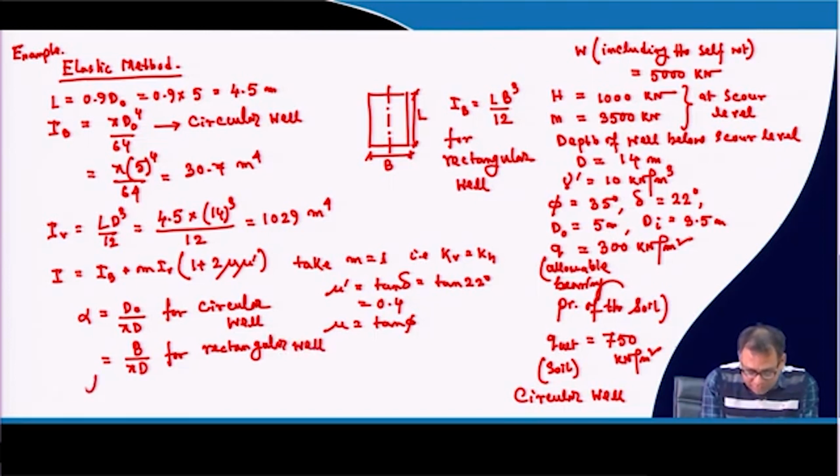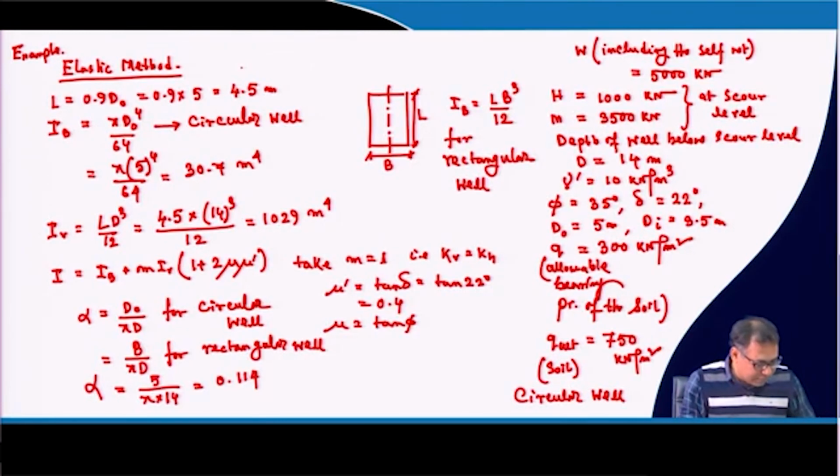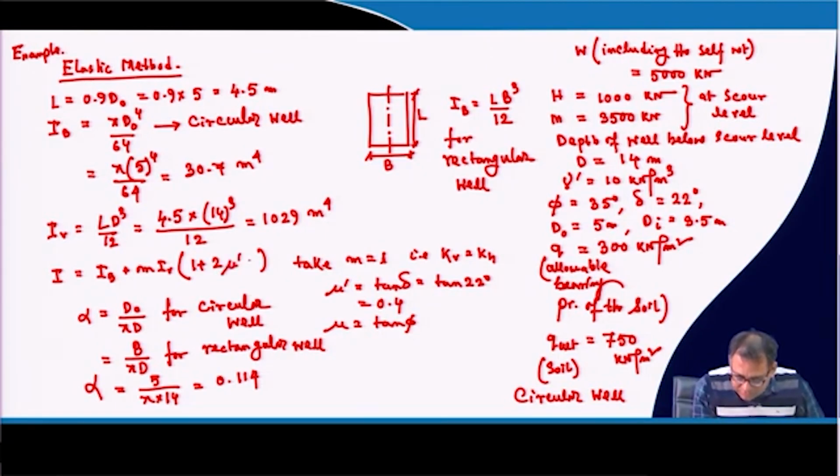Now, our case it is circular well. So, d 0 is 5, pi, d is 14. So, this is 0.114. Okay. So, now I can write I is equal to I b plus m I v times 1 plus 2 mu dash alpha. Okay. So, this is the correction, this is 2 mu dash alpha.